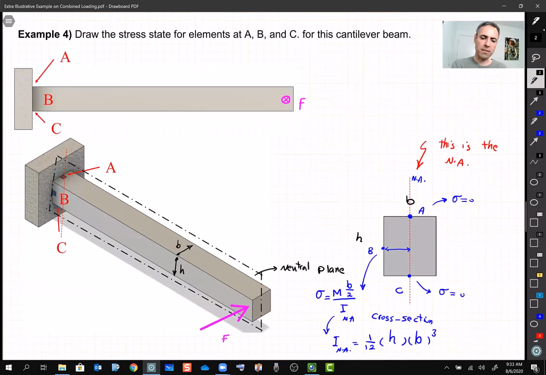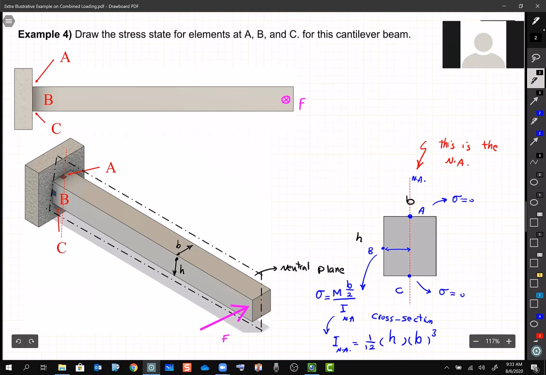Okay, so look at this cross section. This is the cross section of the beam, and this is how the bending happens. Bending happens about this vertical axis. Do you agree? Look at this plane. When you apply this load F, this plane is going to be your neutral axis, right?